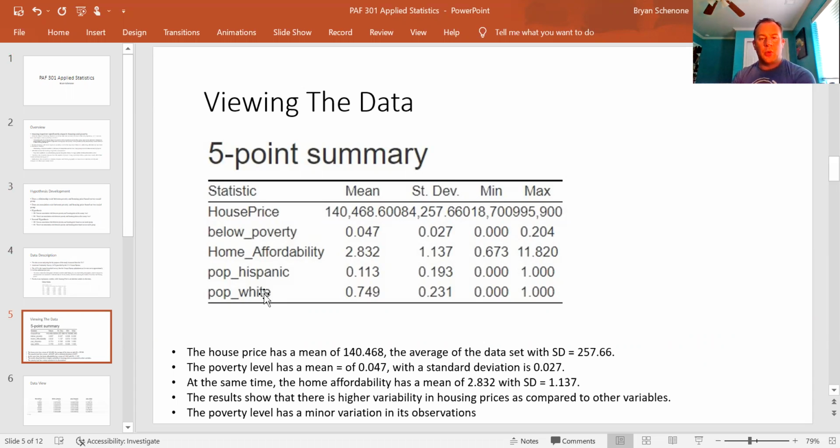At the same time, home affordability mean is 2.832, standard deviation of 1.137. So the results show that there is a higher variability in house pricing as compared to other variables. Poverty level does have a minor variation in these observations.